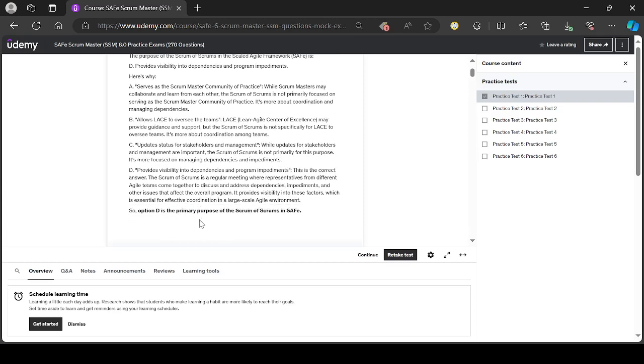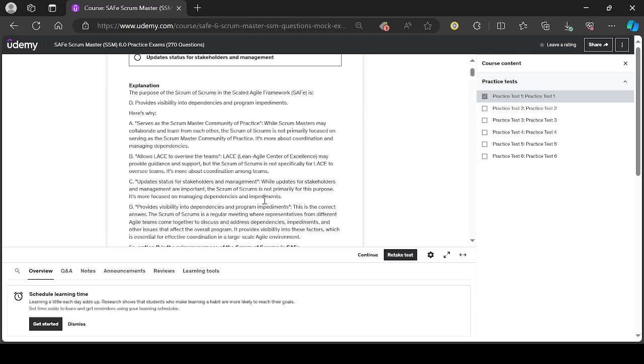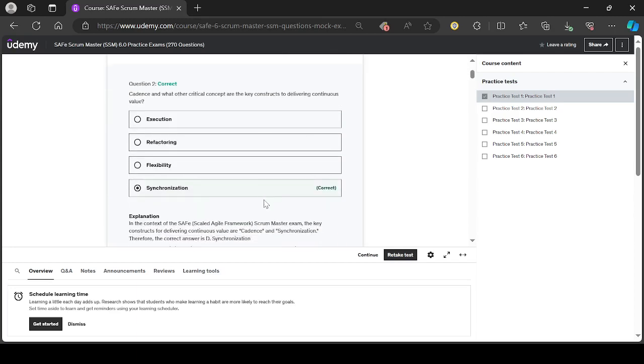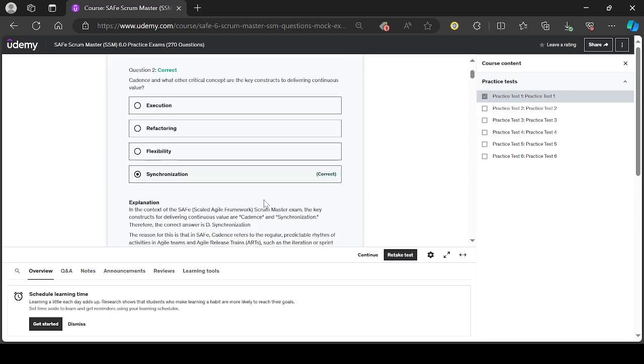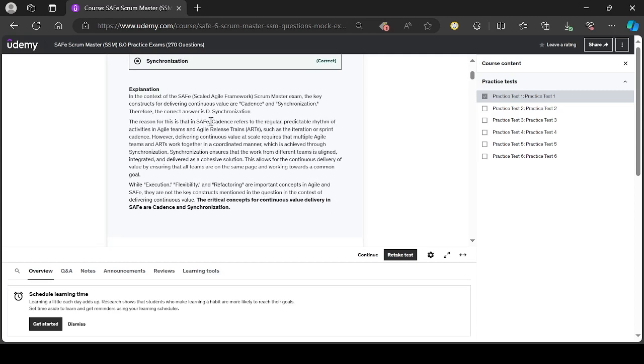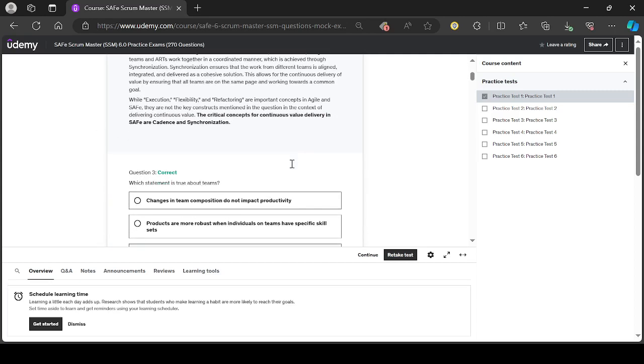So D is the correct answer because the primary purpose of the Scrum of Scrums is to actually provide visibility into dependencies and program impediments. Second one is also correct because really cadence and synchronization are the important concepts that are the key constructs to delivering continuous value. Of course, like I said, it does not just explain what is right, it also talks about why the other ones are wrong.